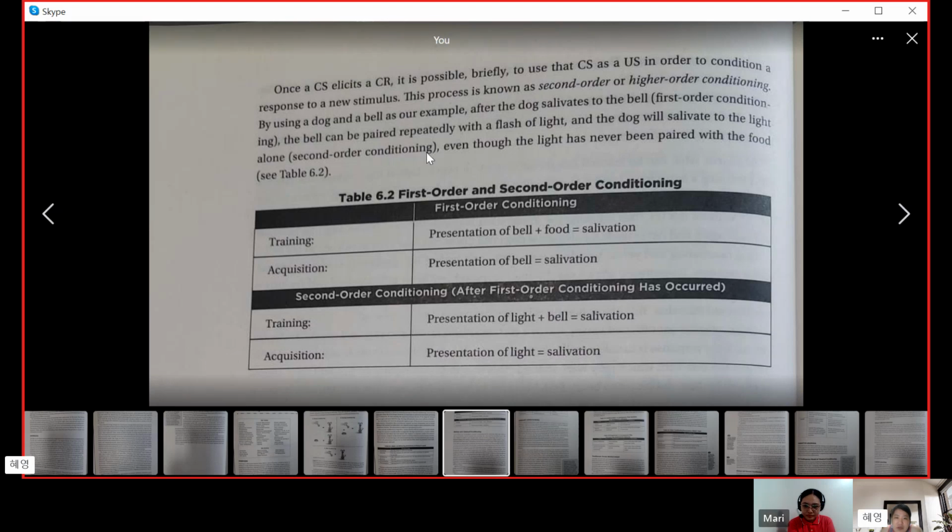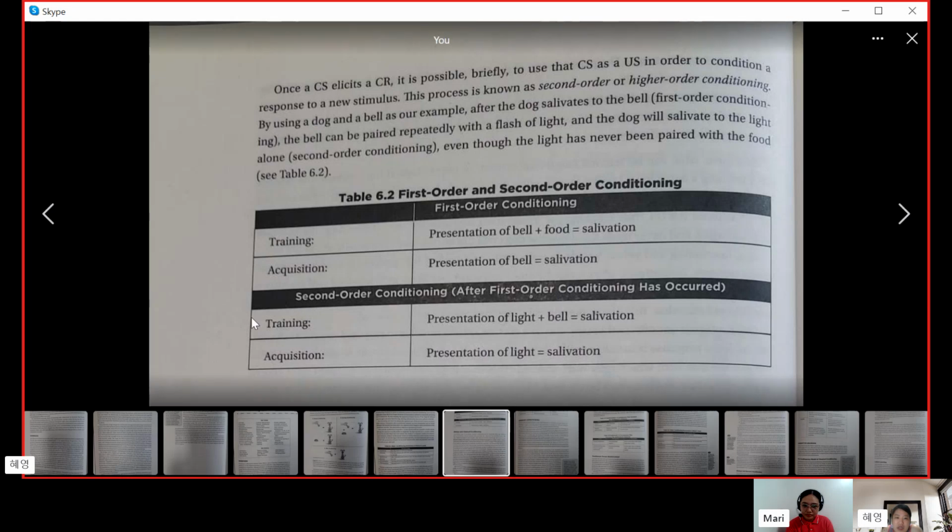Look at this table. So training, acquisition, the first order conditioning, presentation of bell plus food, then the dog shows some salivation, and acquisition later, presentation of bell and the dog just salivates.